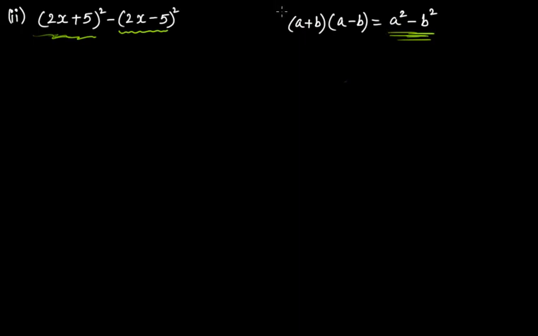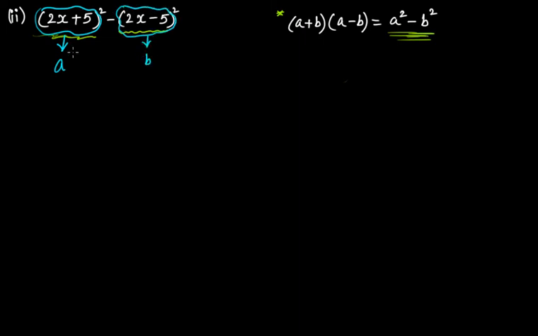You focus on the standard identity number 3, which says that (a plus b) multiplied by (a minus b) is equal to a squared minus b squared. What if I take this whole as a and this whole as b?